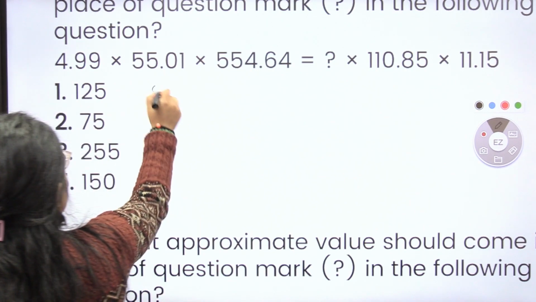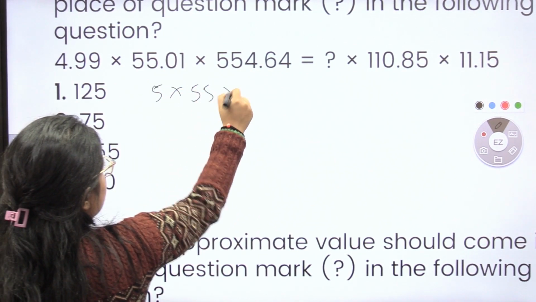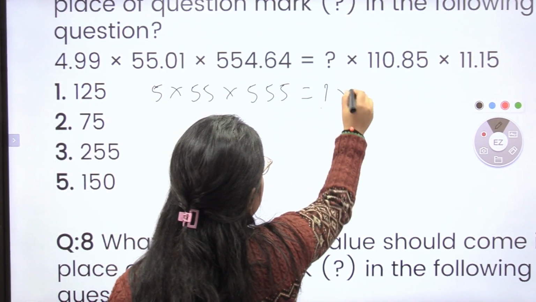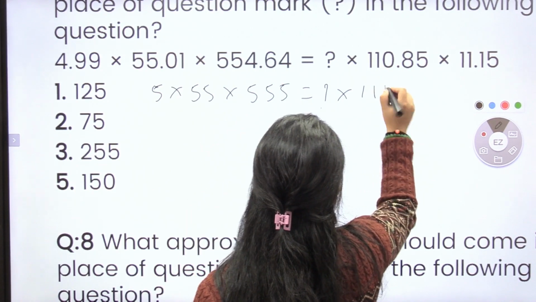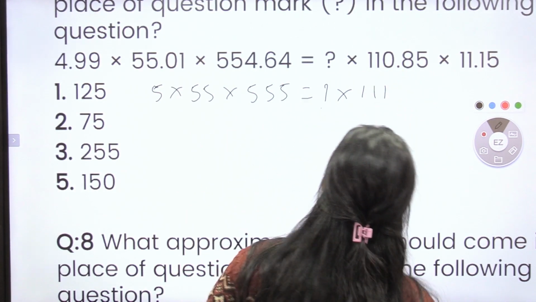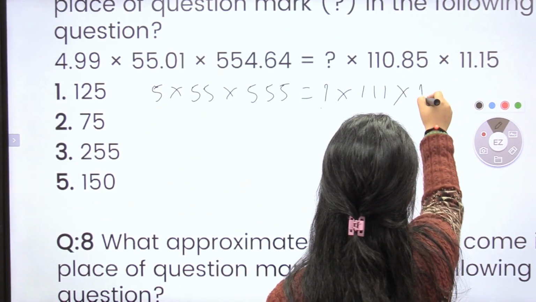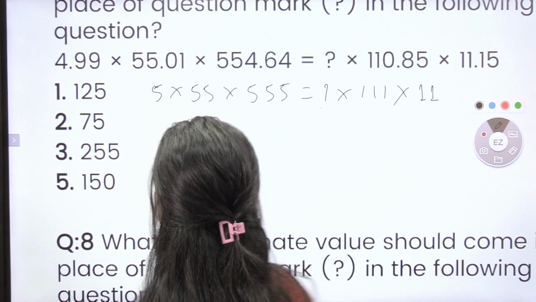So it will be 5 into 55 into 555 is equal to question mark into 111, because 0.8 is greater than 5, into it will be what? 11, because after the decimal your value is less than 5.